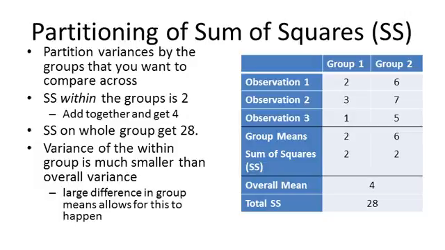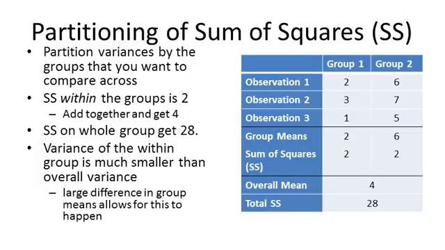In this example, we have a table where we have an experiment that got 6 total observations, and of those 6 total observations, they were split between two groups, group 1 and group 2. Now, within those two groups, we can find the sum of squares for each. So for instance, in group 1, the mean is 2, and the sum of squares is 2 as well.